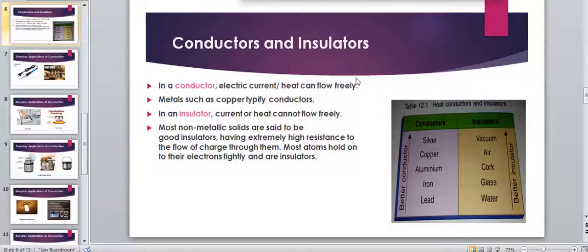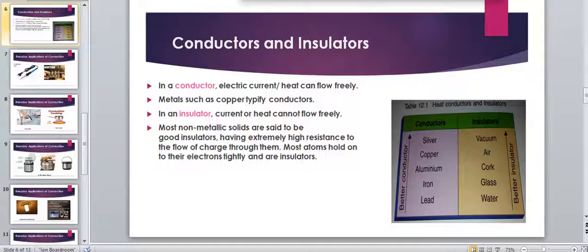As we have discussed in the previous slide, metals such as copper typify conductors because they have free electrons that upon heating start to vibrate, start to move within the vessel, and hence transfer the heat from one molecule of the same object to the other, thereby making the whole object hot.